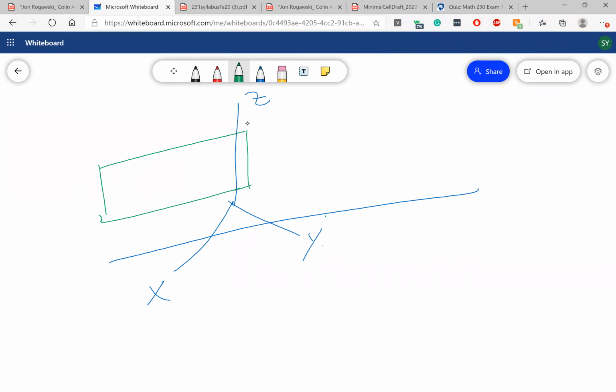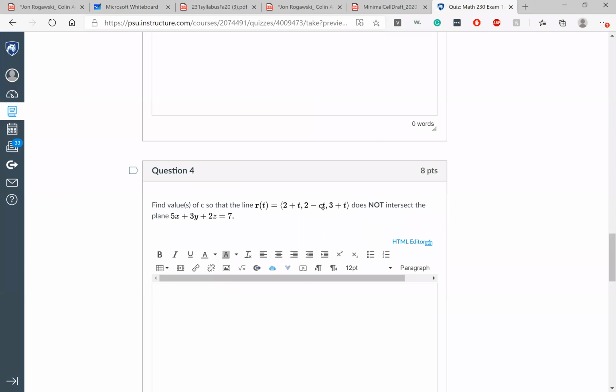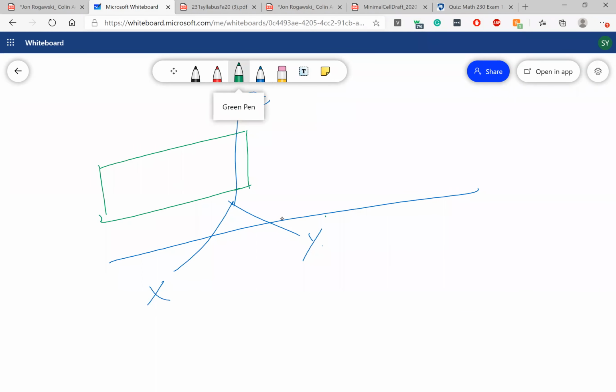We already know almost the entire equation for the line, except there is a c over here. Any ideas for how we can make sure that the plane and the line don't intersect?